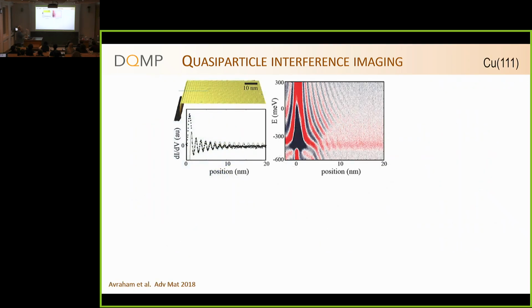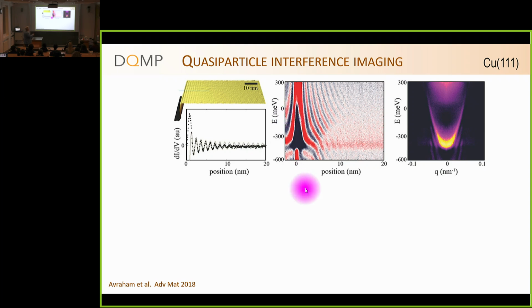If you do this again, as before, on a step edge, you can do it for many different energies. This would just be one cut at a specific energy. You take the Fourier transform and repeat this for many different positions. You can then map out the band structure like photoemission, but actually better than photoemission, because photoemission cannot go into the unoccupied density of states, which STM can.